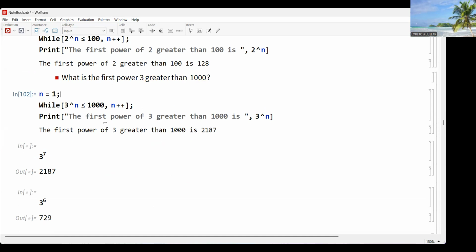So we have here 3 to the n is less than or equal to 1000, and the first power of 3 greater than 1000 is 3 to the n.